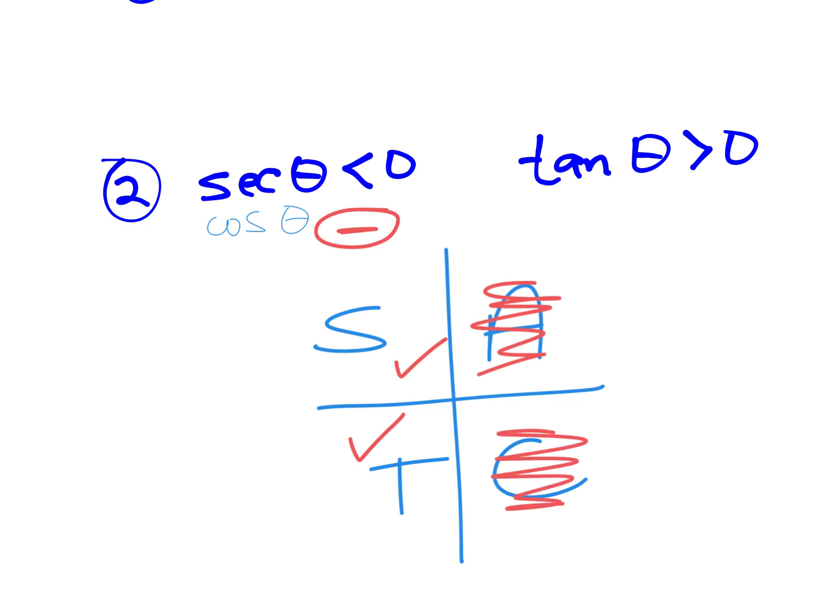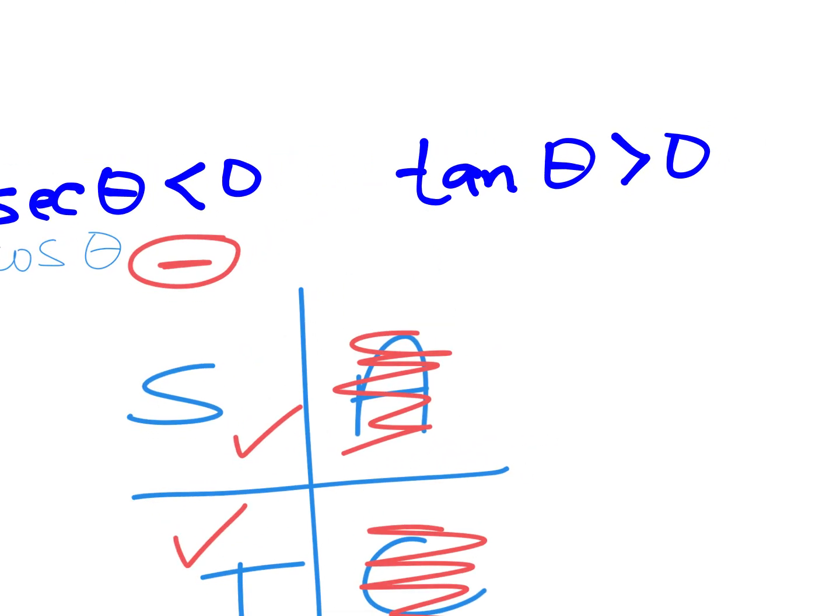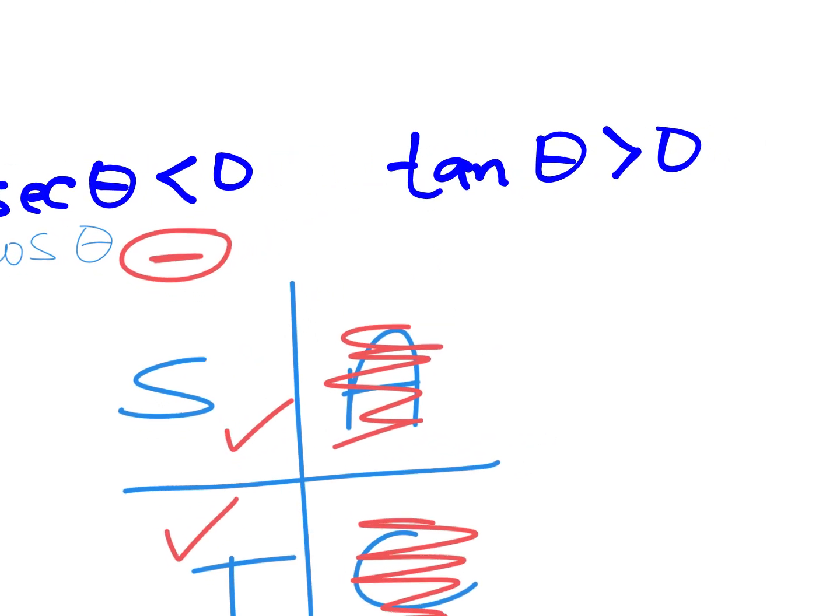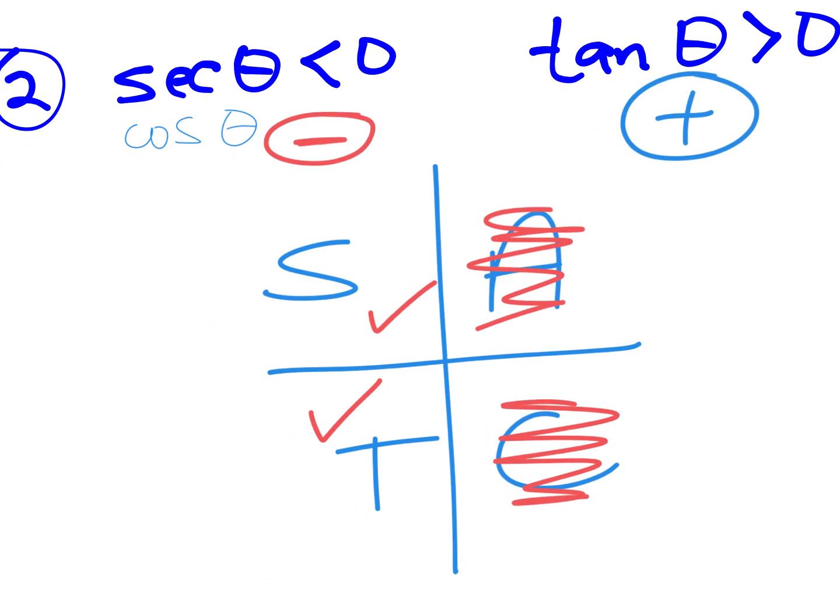Good. You'll always be able to cross off 2 with the first parameter, and then you can narrow it down to the right one with the second parameter. The second parameter says tangent is greater than 0. What does that mean? Tangent is what? Positive. With what you have left over, guys, where is tangent positive? In the 3rd quadrant.